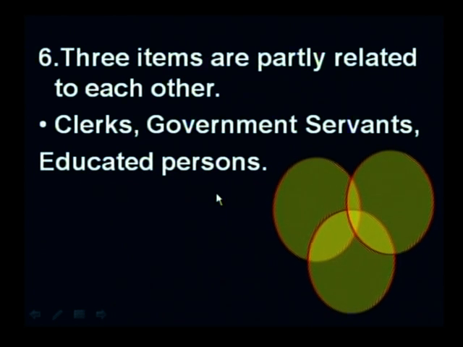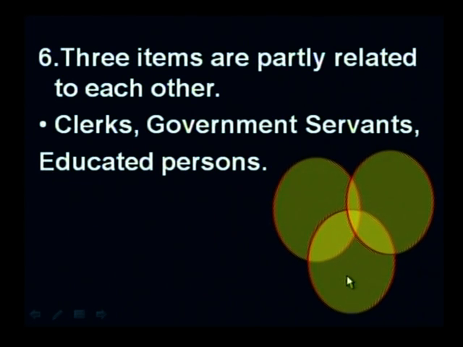Then you have another kind: three items partly related to each other. There is no independence here; there is a relationship that exists between all three items. Like, say, you have clerks, government servants, educated people.